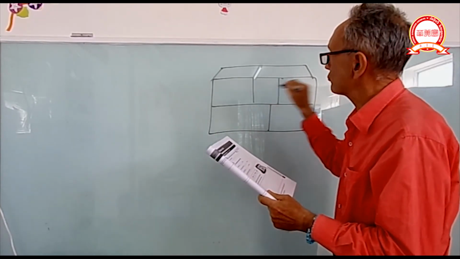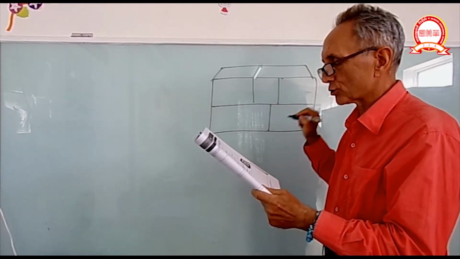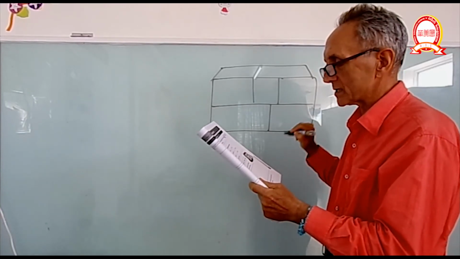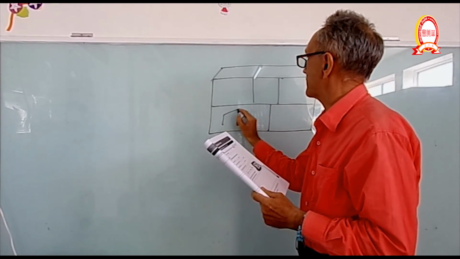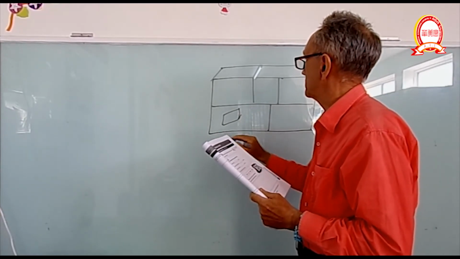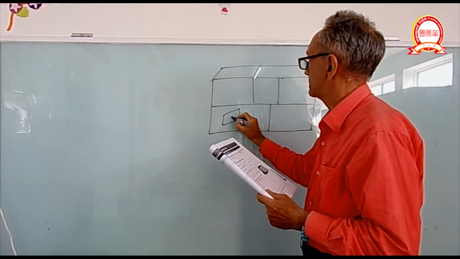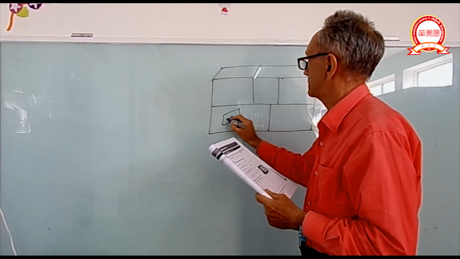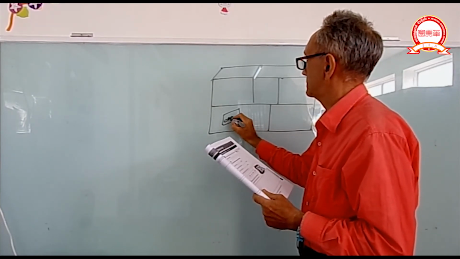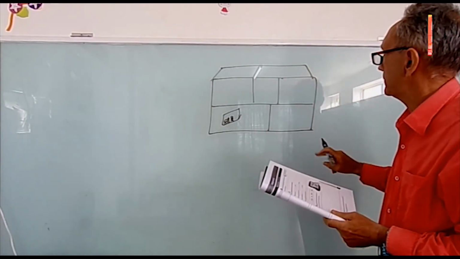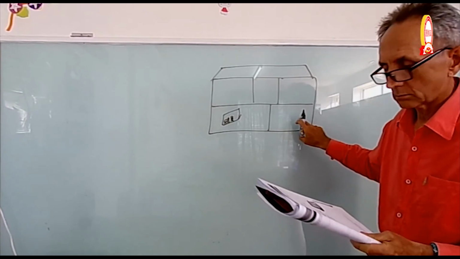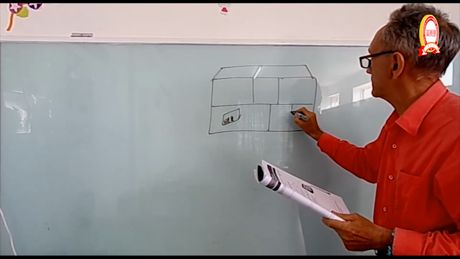So in each room, you're going to draw a picture of something that uses electricity. So in the main living room, we'll say there's a TV. In your bedroom, we'll say there's a light.